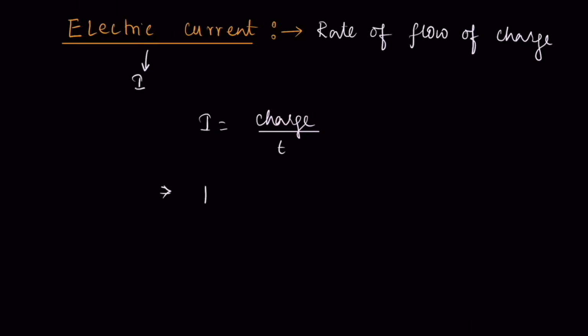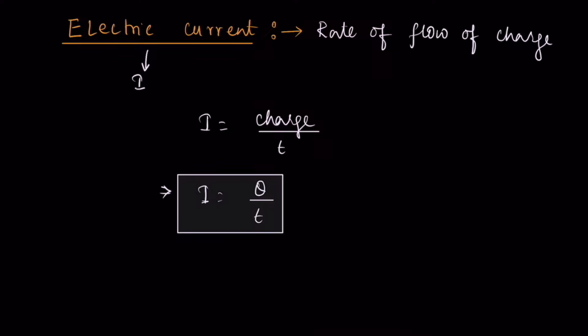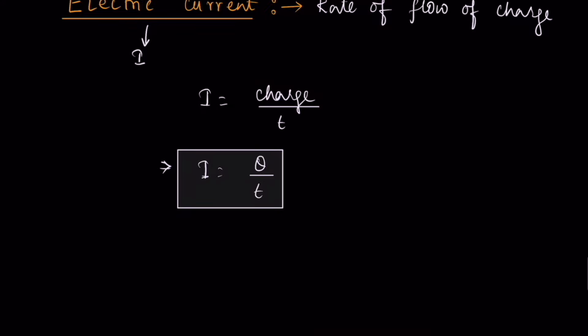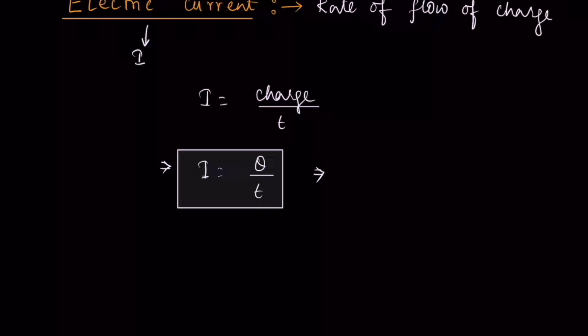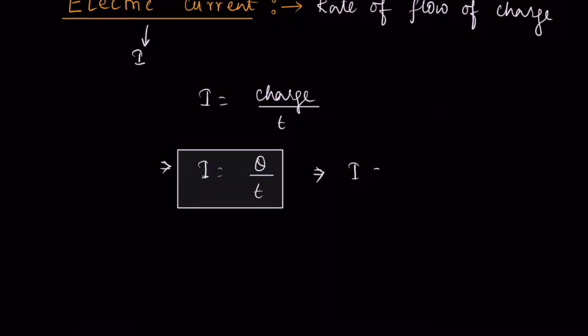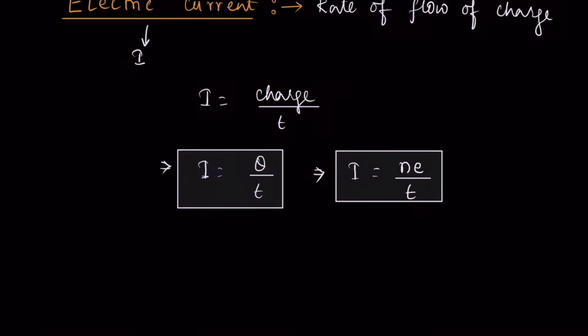So I is equal to Q by T. This is the formula for finding the current. So this can also be represented as I is equal to N into E divided by T.